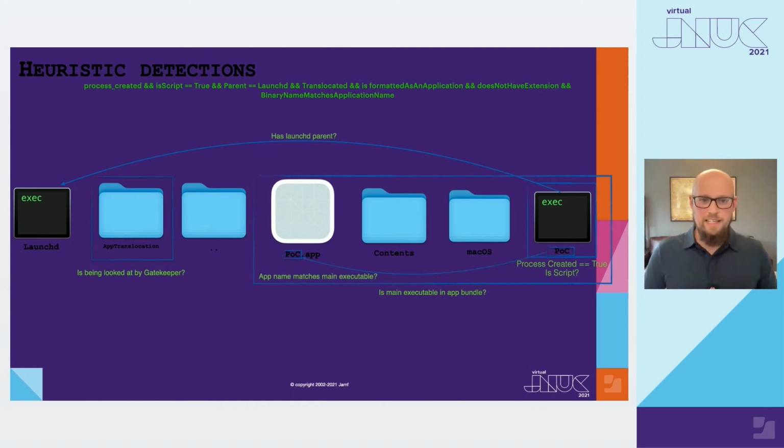And then finally, and again, more for false positive reduction, we want to check if the name of the script that was executed exactly matches the name of the application. Again, this is primarily for reducing false positives. Remember, as Patrick stated, legitimate applications can use scripts as their executables. That's perfectly fine and accepted by Apple.